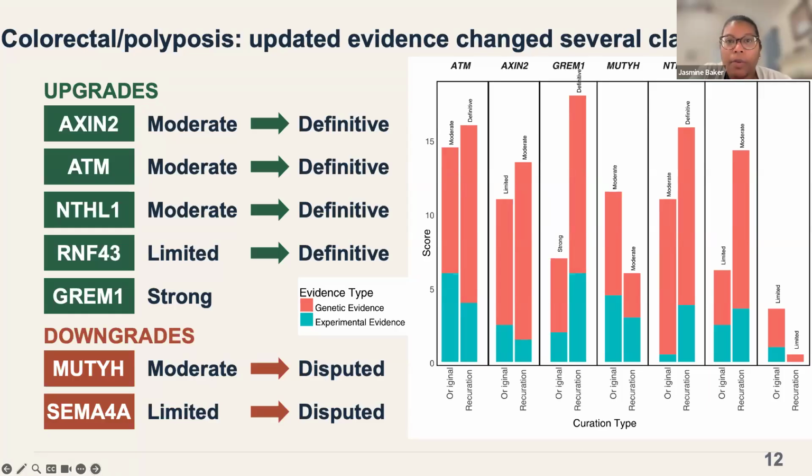So the takeaway from this slide is not that any single gene is most important, it's that the classification should follow the total evidence rather than remain anchored in its prior label or classification, especially as new evidence evolves and people are doing larger studies.